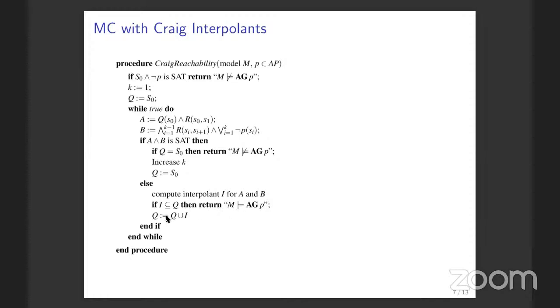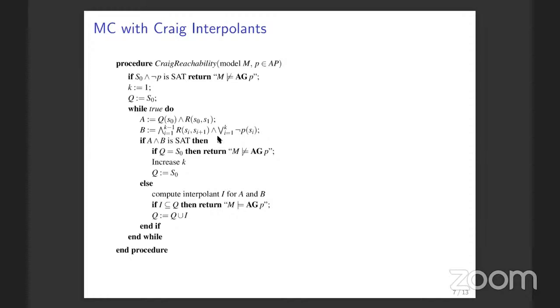If not, you add the interpolant to the current initial state. And then you do further BMC checking from that enlarged initial state with the interpolant. So that is an over-approximation to the actual initial state.